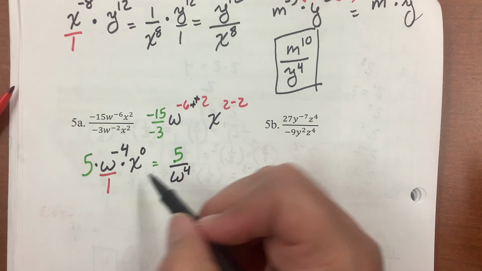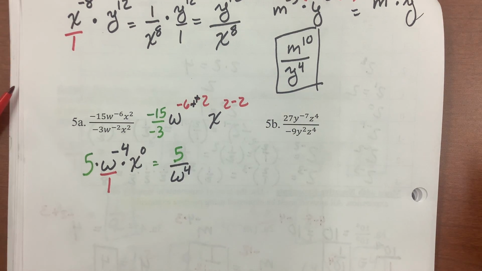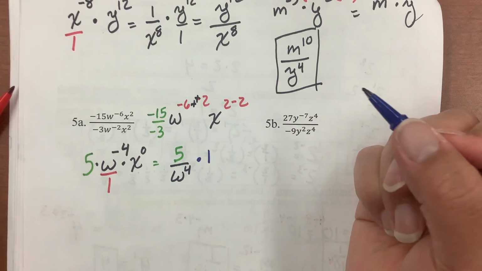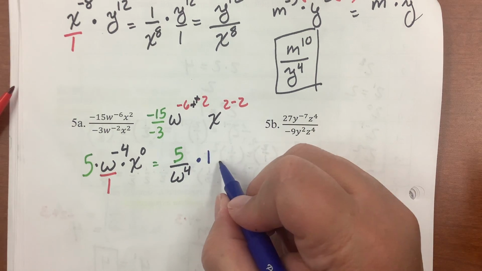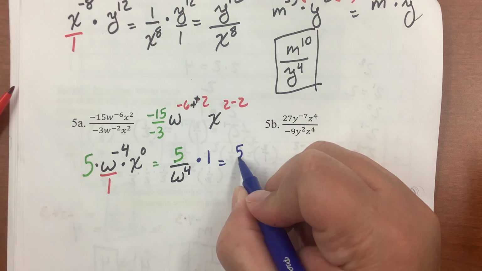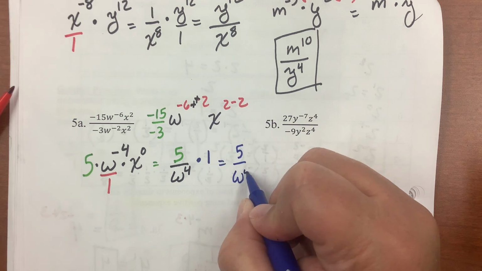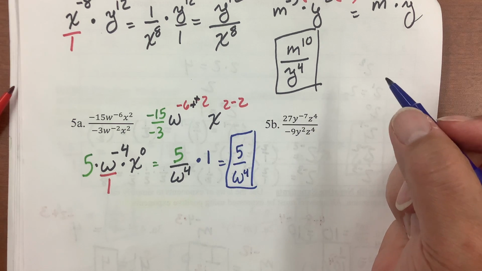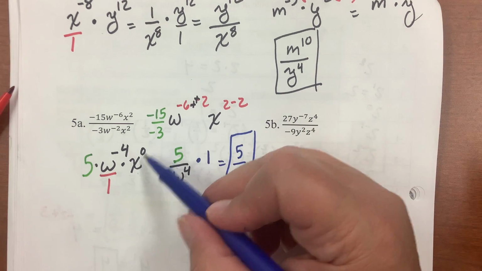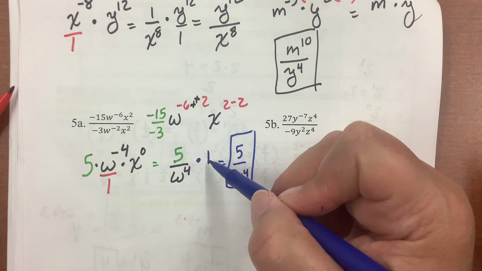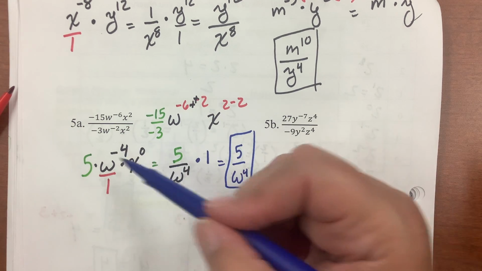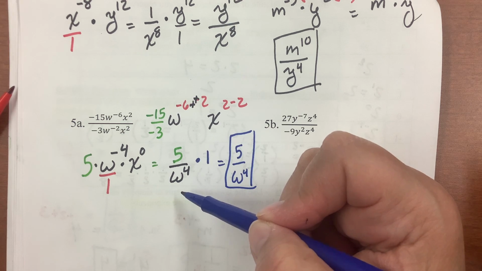And what is this mess here? X to the 0 power. We talked about that. That's 1. We're multiplying that times 1, which means nothing changes. So I get 5 over w to the 4th power. Remember, anything to the 0 power is 1, but only the part to the 0 power. Negative exponent becomes positive in the denominator.